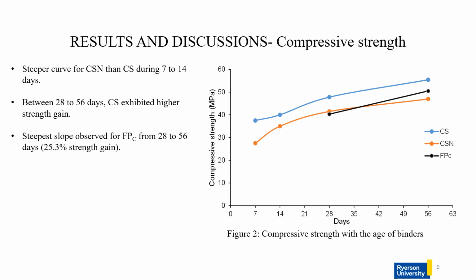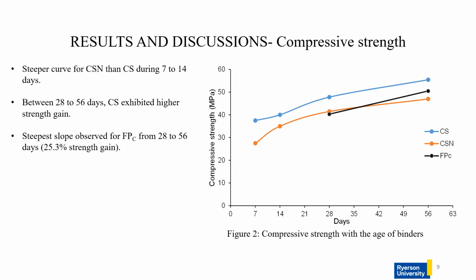And for mix CS, the curve was steeper during 28 to 56 days because of the combined effect of geopolymerization and the pozzolanic activity of fly ash class C, which resulted in higher strength gain for the mix CS during 28 to 56 days.